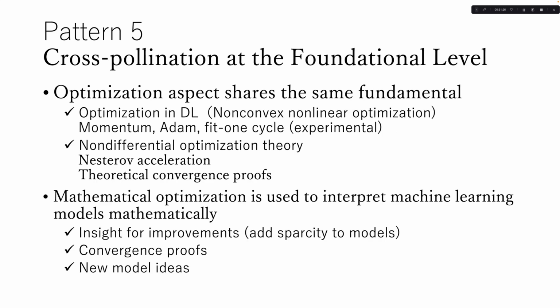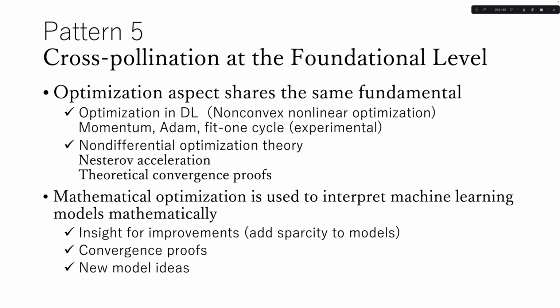Pattern 5 involves cross-pollination at the foundational level of optimization theory. While machine learning and optimization are studied as separate fields, the optimization aspect shares the same fundamental goals. Optimization in deep learning, for example, involves the optimization of non-convex nonlinear functions. The momentum used in this context is known in the optimization field as Nesterov acceleration.